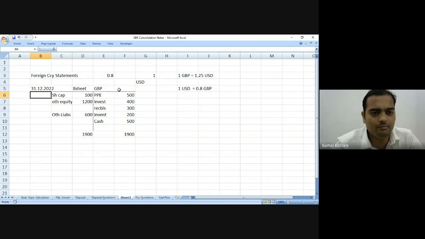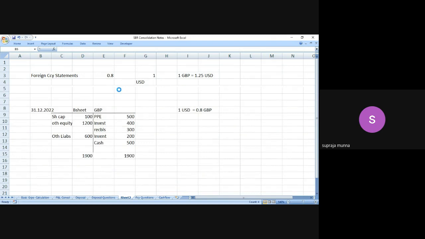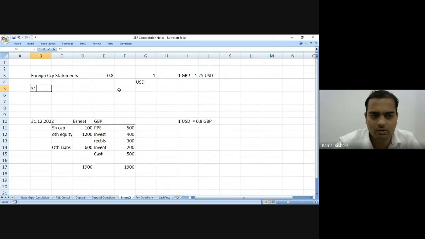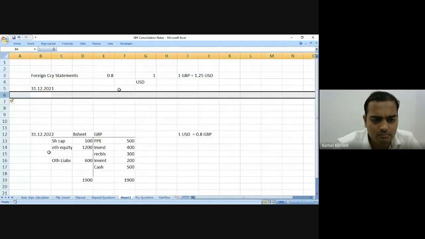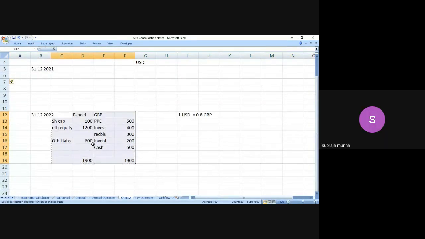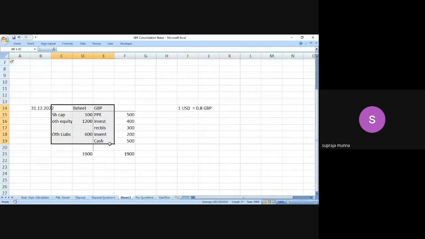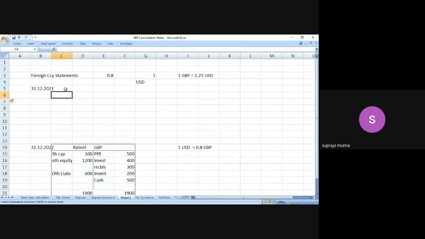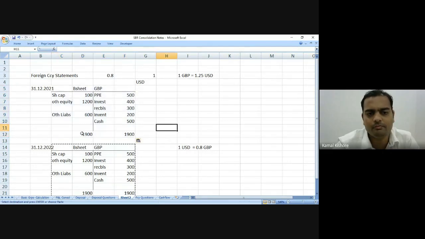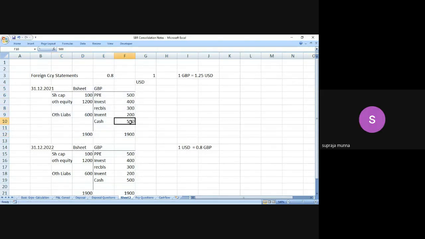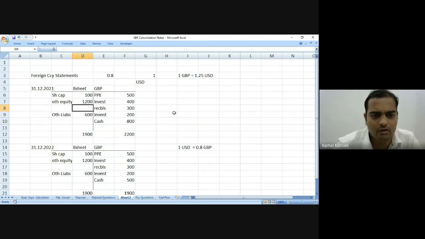Now let's say on 31st of December 2021, assuming we did not do any business, assuming no changes. Or even if, let's say, there are minute changes, cash increases by 800 and equity increases by 1,500.